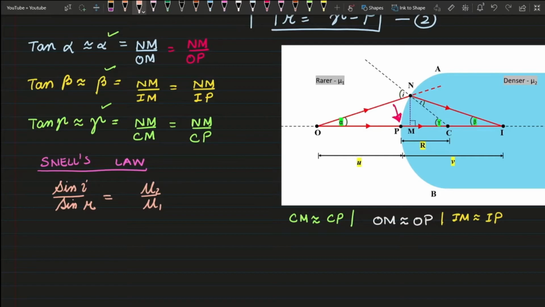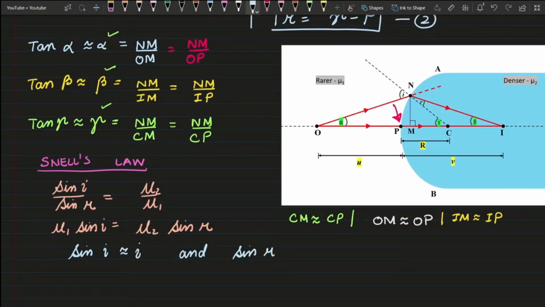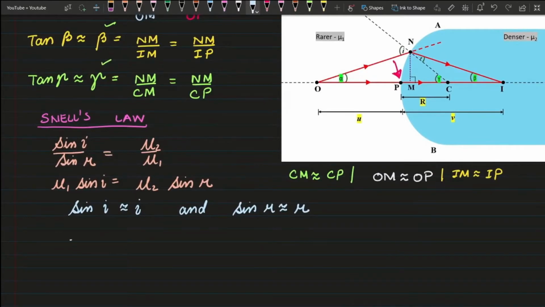If I cross multiply, it will be mu1 into sine I equal to mu2 into sine R. Since these angles are also small, I will take the assumption that sine I is approximately equal to I and sine R is approximately equal to angle R. So our formula will become mu1 into I equal to mu2 into R. Let me call this equation number 3.